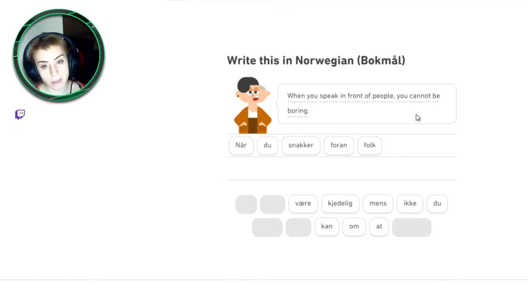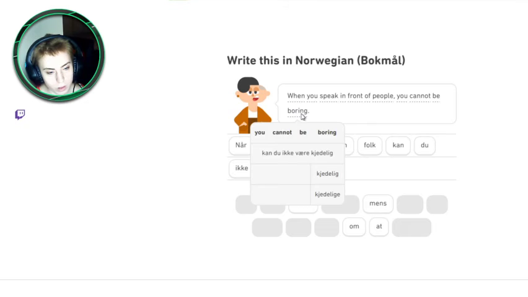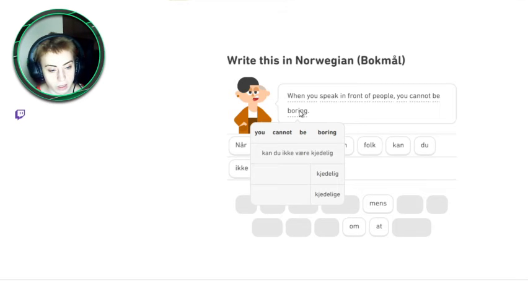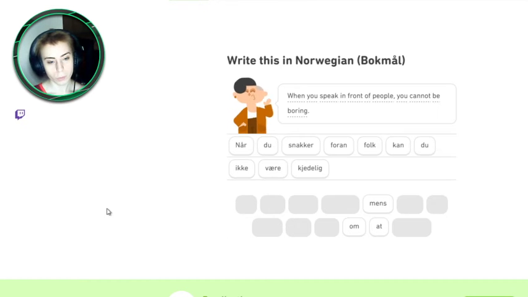So can is the verb, I think. So you switch around. Can you? Kan du ikke være kjedelig. Okay, være, you add be. Ikke være kjedelig. There we go. So first part of a sentence is good.